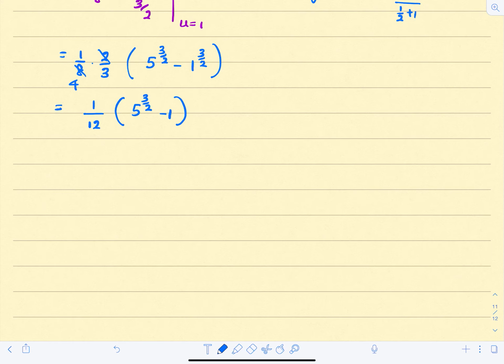So now let's add the value of the first line integral and the value of the second line integral.